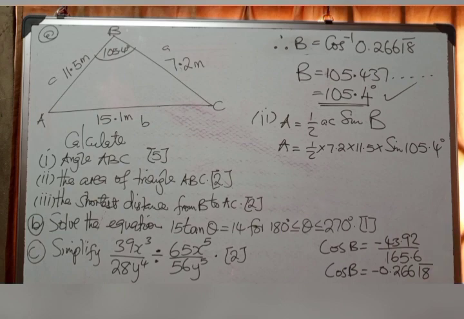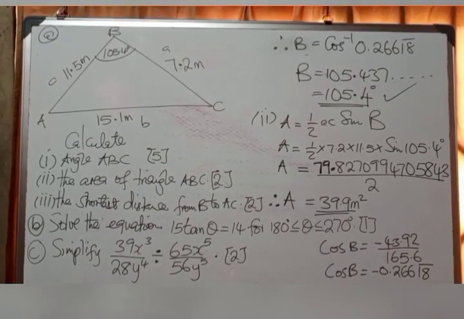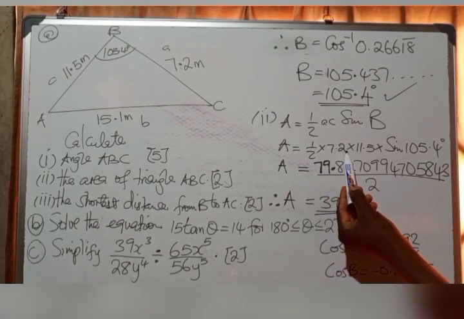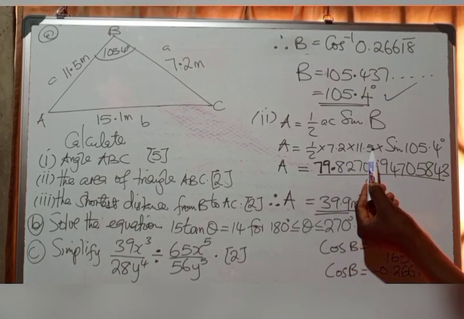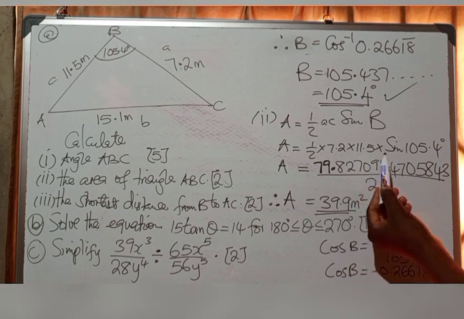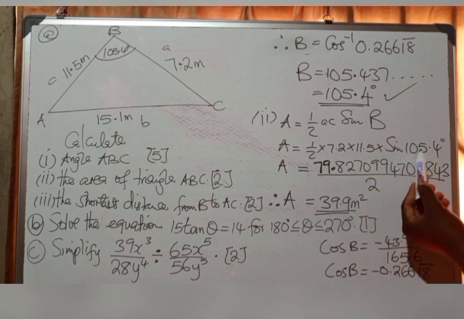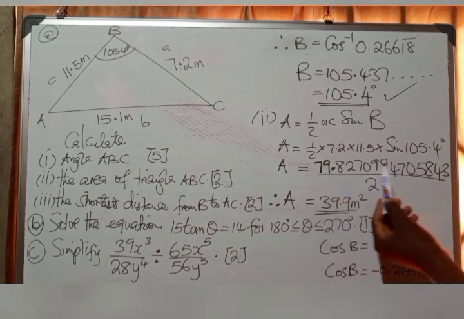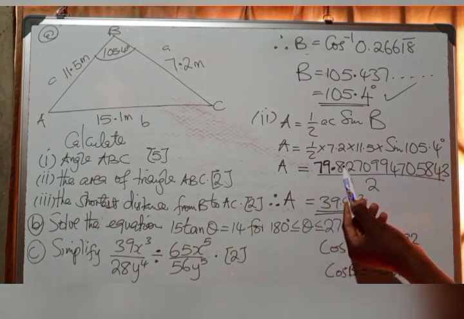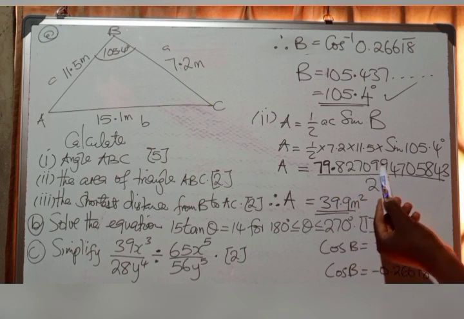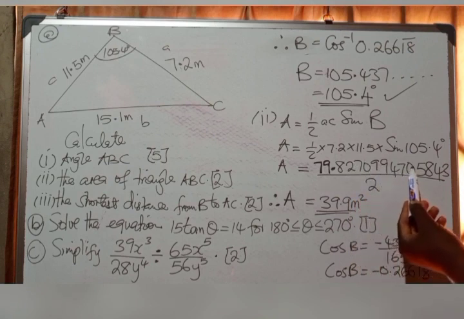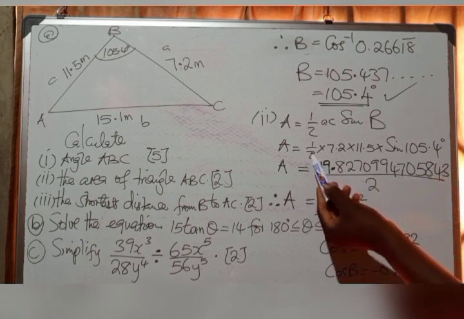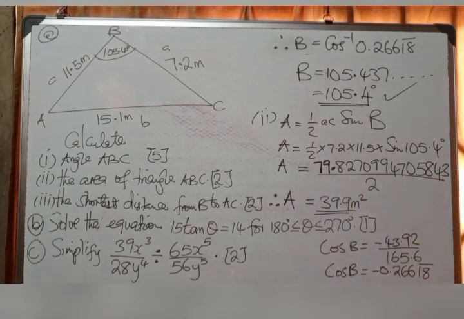So what is our answer if you multiply everything? 1 multiplied by 7.2 multiplied by 11.5 multiplied by sine 105.4 degrees, we get 79.8270994705843. Then you divide by 2 because this one was 1/2.